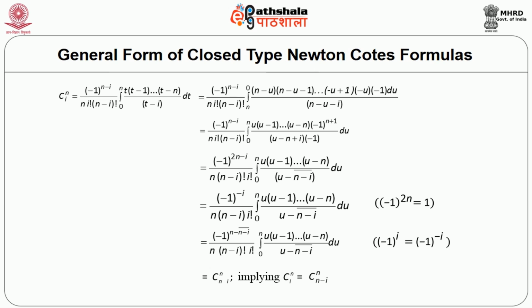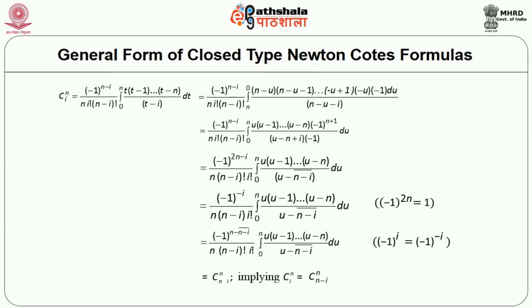And so this NCI becomes (-1)^(-i), which can be written as (-1)^(n-i). See, minus 1 raised to minus k is the same as minus 1 raised to k. So minus 1 raised to minus i can be written as minus 1 raised to n minus i. Minus 1 raised to 2n was 1.